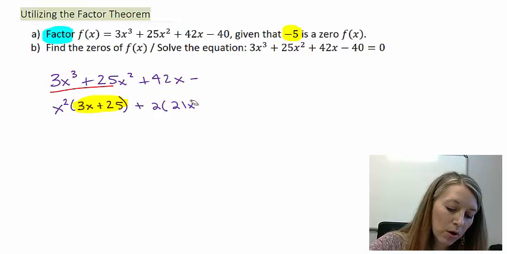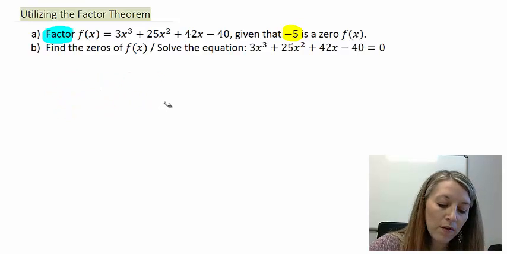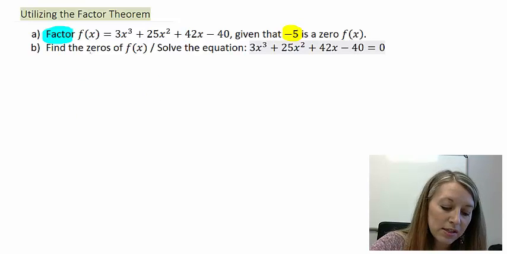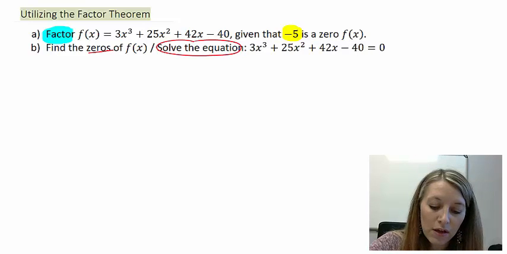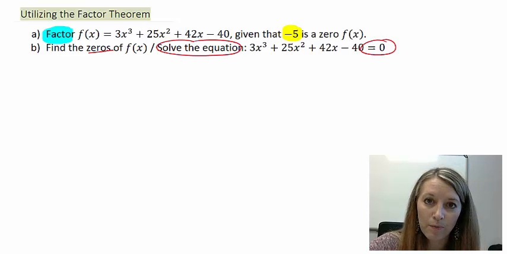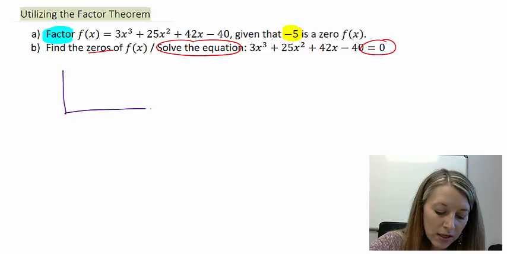So that's what we're going to do here. We're going to factor it, and then after we factor it, we move on to part B, and we find the zeros of the function. Or another way that it could word it is we can solve the equation when it's set equal to 0. Let's go ahead and start back from the beginning. We want to factor it by using synthetic division. So I need to set it up.